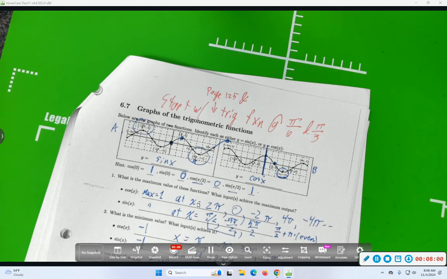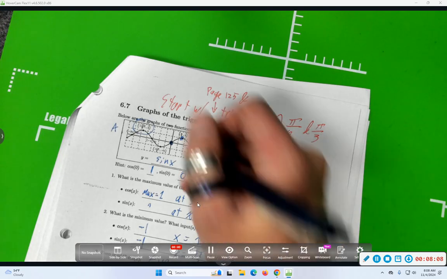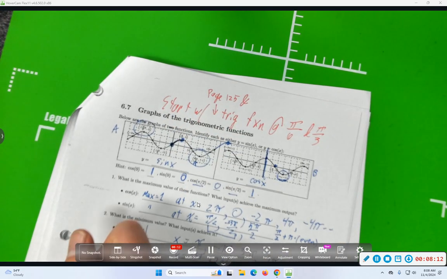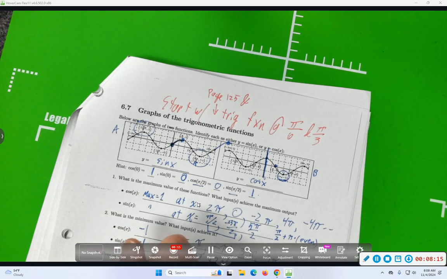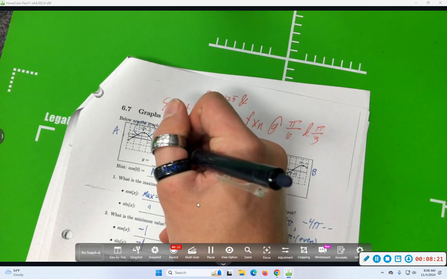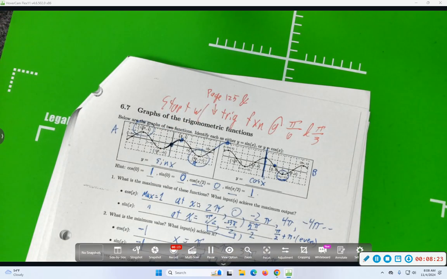How far to the right could I keep going and have it continue to be increasing? Pi over 2. Yeah, you could get to there, and then it would turn around. So it's increasing until pi over 2. And let's find the left endpoint. How far to the left can I go and still have it be an increasing function?